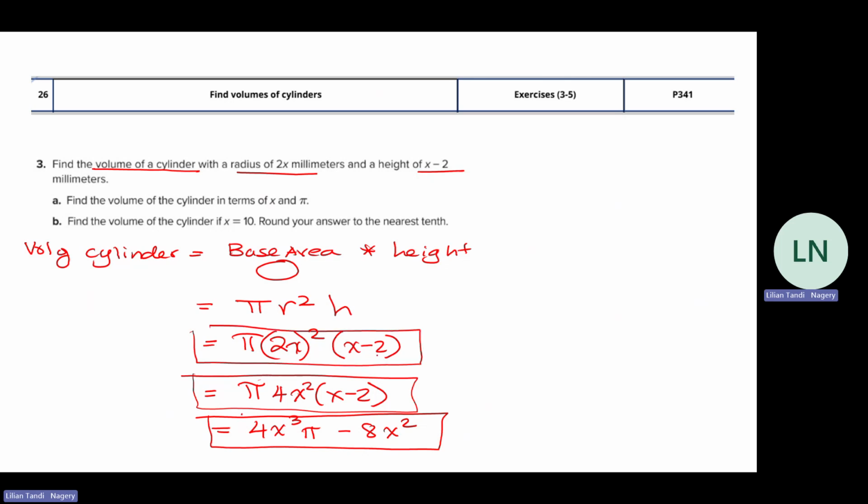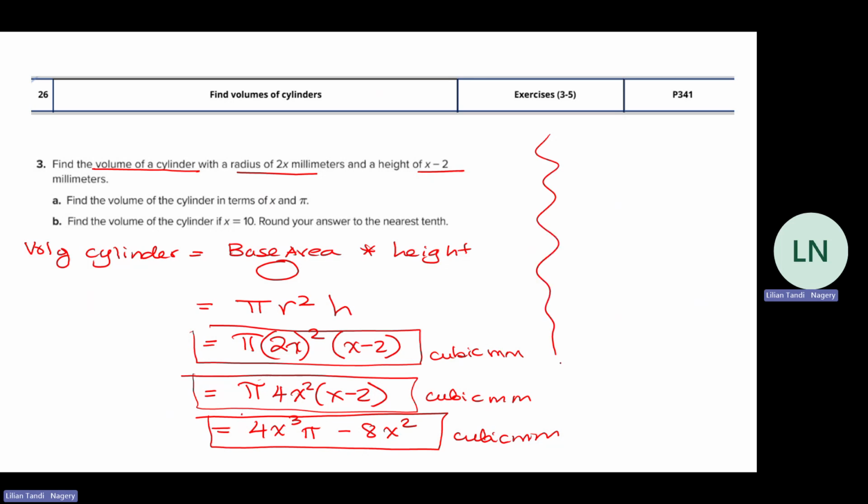Okay? All right. So then what is the unit we are using? Millimeters. So cubic millimeter, cubic millimeter, and here cubic millimeter. So this is the best answer because you've simplified your expression. Now they have told you that x is 10. So just replace x with 10.